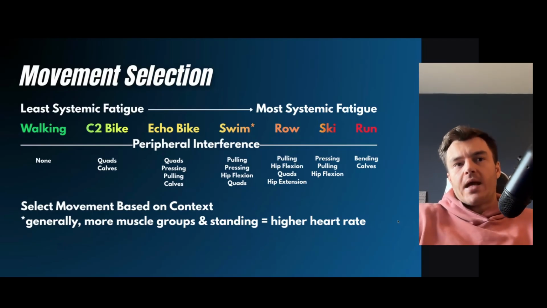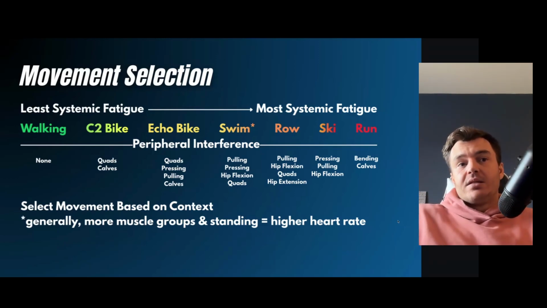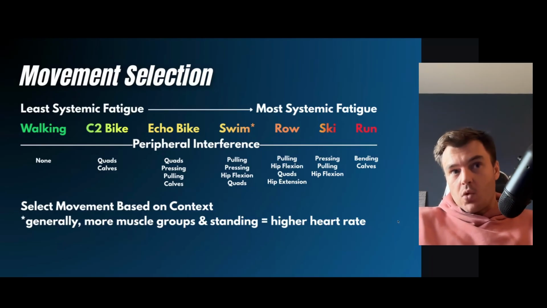For that reason, folks will tend to get pretty sore after they ski, especially if they haven't skied for a long time. Really in the long head of the tricep, and the lat here in the armpit, it tends to create a lot of fatigue for people. So in terms of its eccentric load and the amount of tissue damage that it can cause, I would say that it is more systemically fatiguing than some of these other modalities.